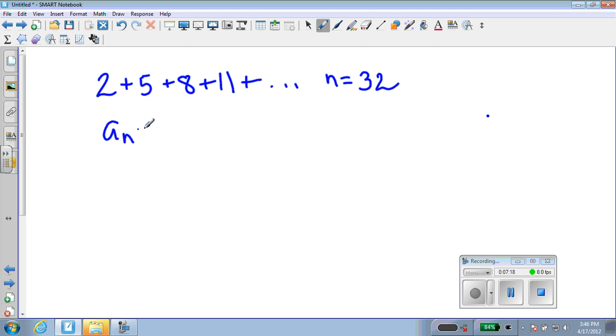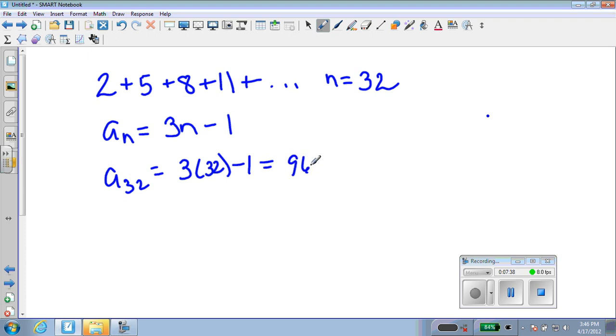So the functional formula for this would be 3n minus 1. So the 32nd term would be 3 times 32 minus 1, 96 minus 1, 95.